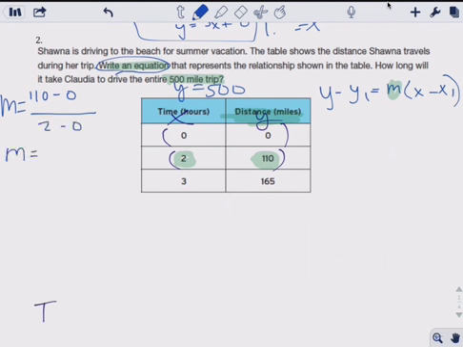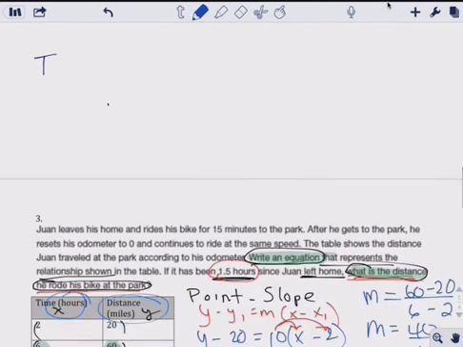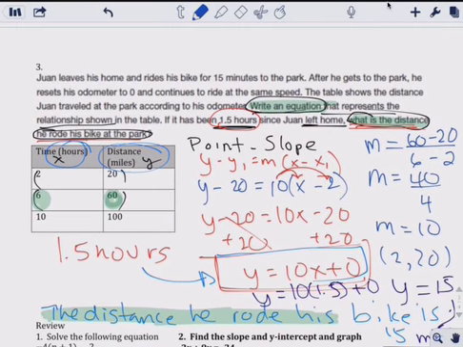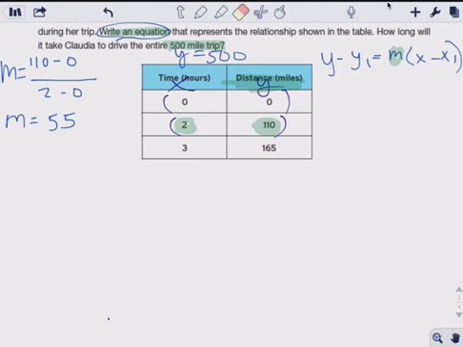So this is 110 over 2. That's why we got 55 here for m.